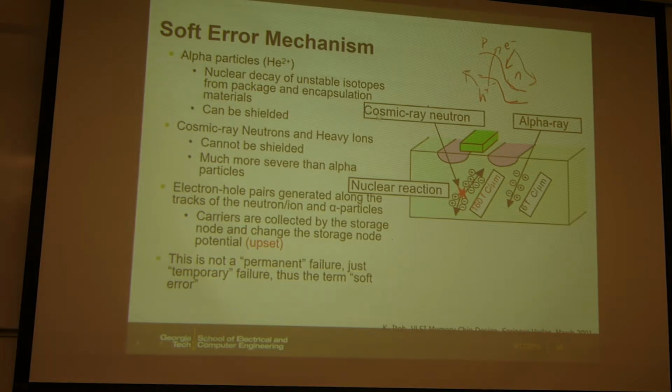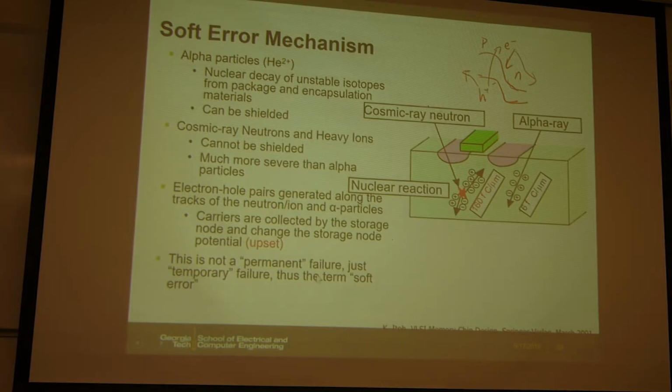And this may, if this happens, for example, in the SRAM cell, then it may flip the state from 1 to 0 or 0 to 1. And this is called an upset. So if you have this flipping due to this particle strike, then it's called the upset.